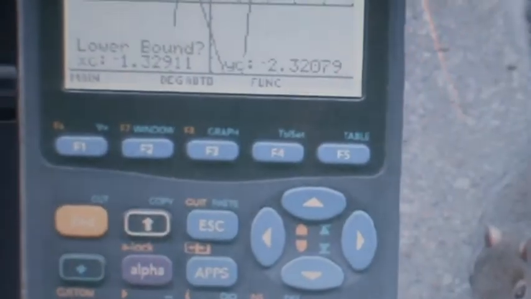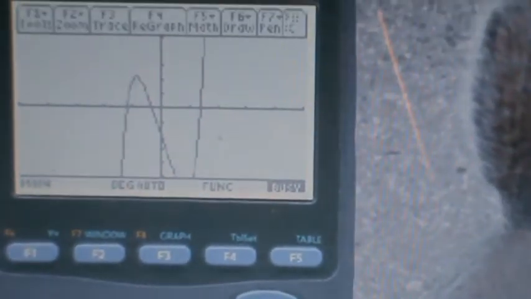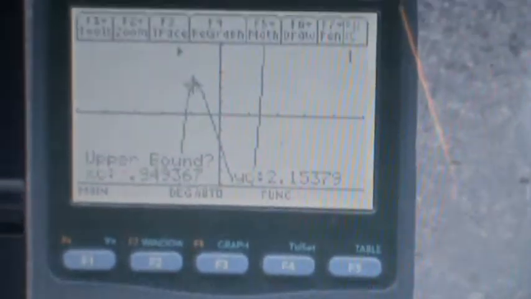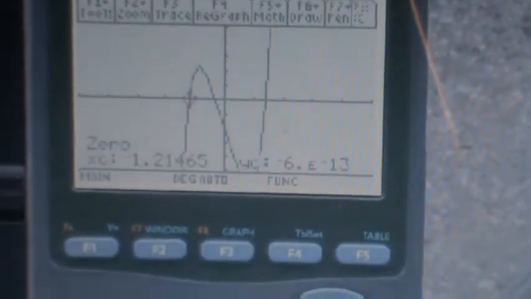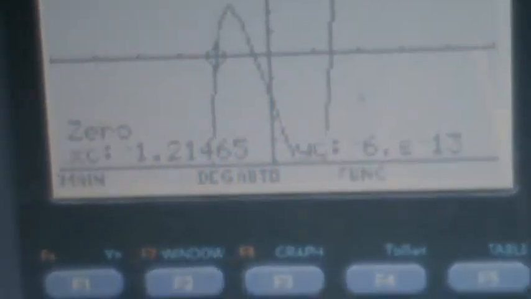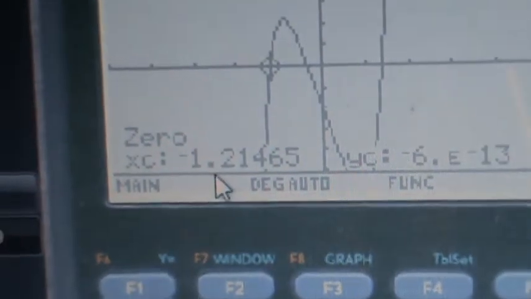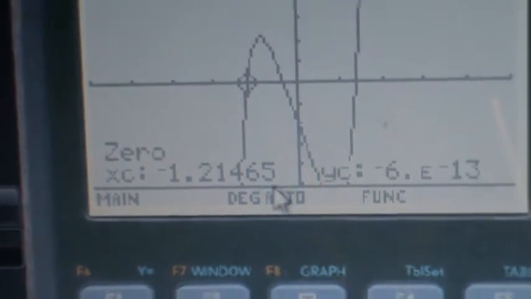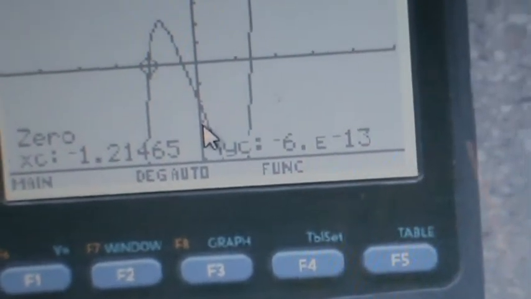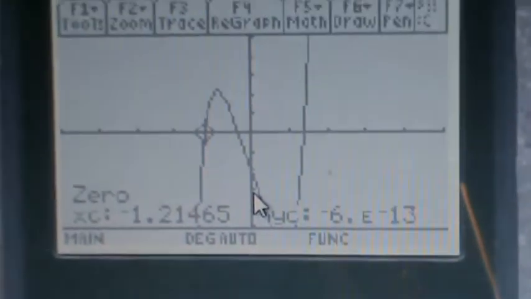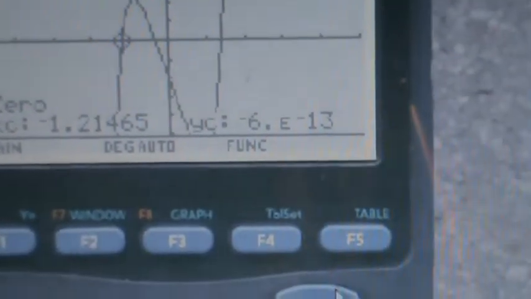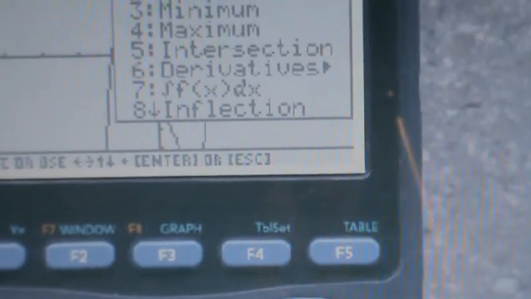So I'm going to do my lower bound and my upper bound, and I get my 0 as negative 1.21. And I'll write that down on my piece of paper. Then I'll do the 0 function again.